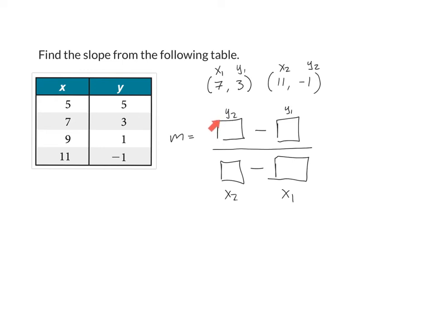We have y2, and my y2 is right here. And now that's going to be negative 1 minus, we're going to put our y1, which is in this case 3. And then we're going to go into our x2. This is my x2, 11, minus x1, which is 7.